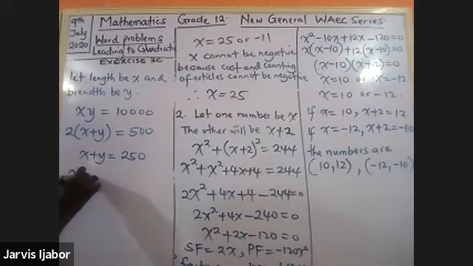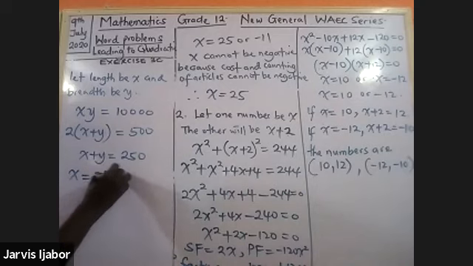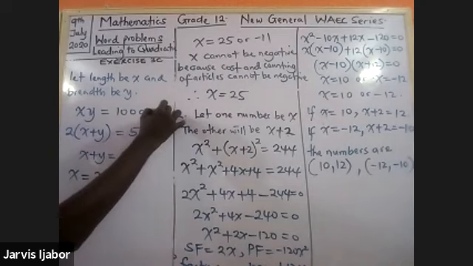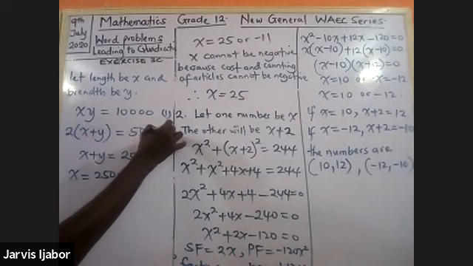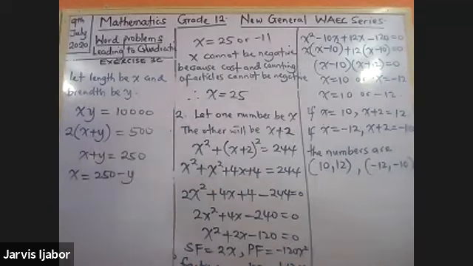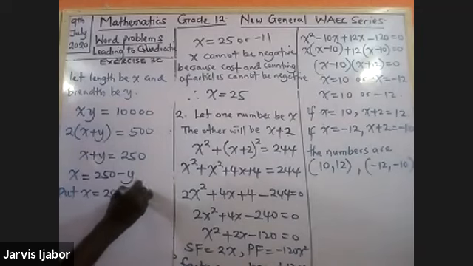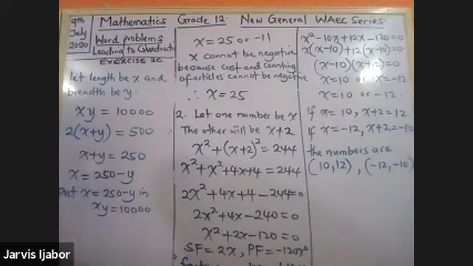So x will be equal to 250 minus y. So that's what I've done. So this is my 1, this is like my 2. I really don't use this pattern anymore. So I will put x equal to 250 minus y in what? xy equal to 10,000.